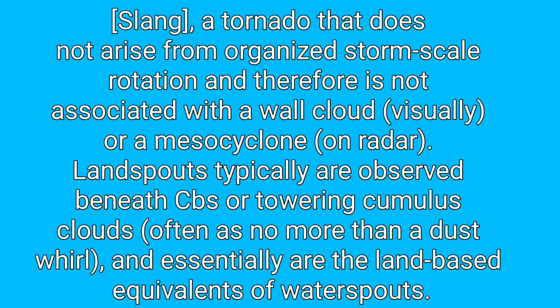Landspouts typically are observed beneath CBs or towering cumulus clouds, often as no more than a dust whirl, and essentially are the land-based equivalents of waterspouts. So this definition states right off the bat, a tornado. So it is a type of tornado despite having major differences from your traditional tornado. I guess maybe it's not so much a debate as it is some confusion.